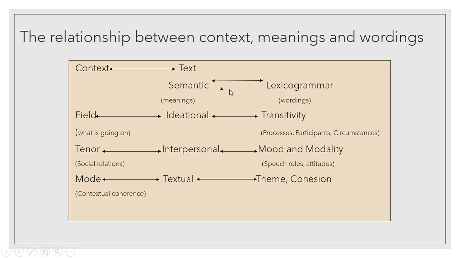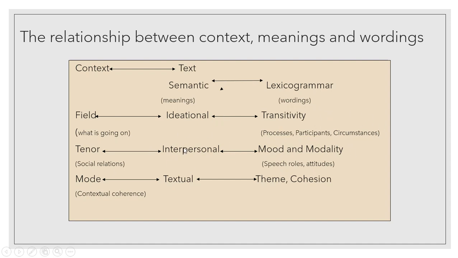In order to identify the semantic meaning, we have ideational, interpersonal, and textual meaning, three meanings. Ideational meaning is related to field, what's going on, and to identify what's going on, you analyze using the transitivity concepts, which has components of processes, participants, and circumstances.